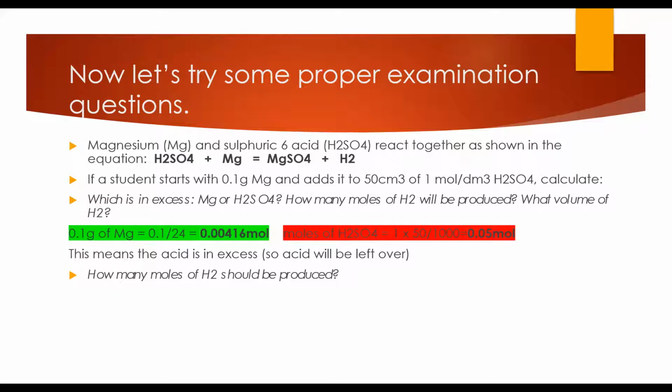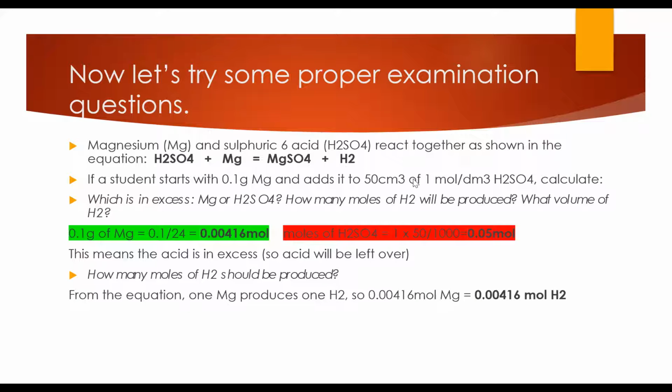So I go from the moles of magnesium, and because in the equation 1 magnesium makes 1 hydrogen, 0.00416 moles of magnesium will give exactly the same moles of hydrogen. That bit comes from the equation. And this is the key bit: you work out the moles of whatever you need to start with, then you look at the equation.